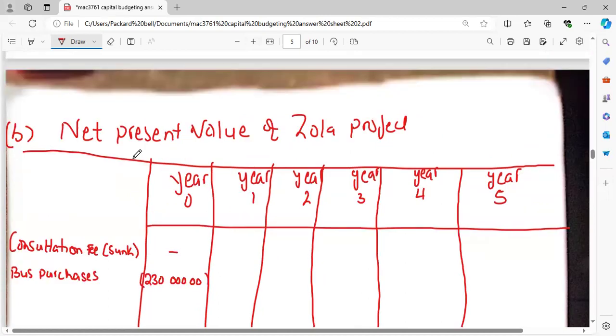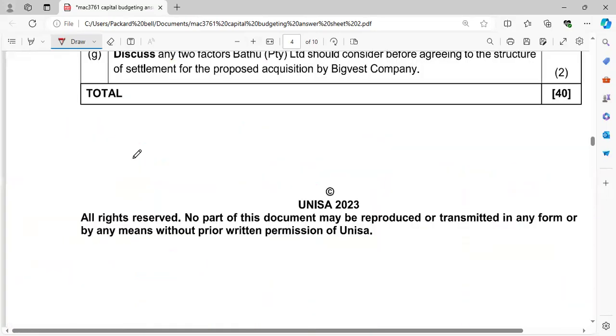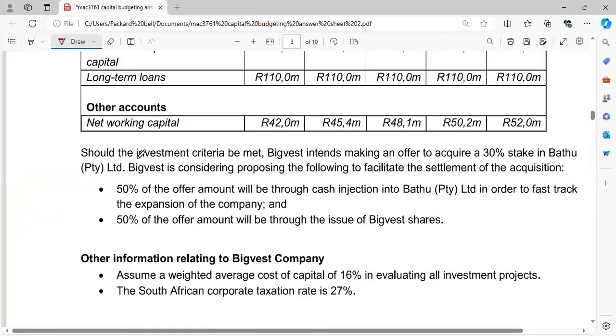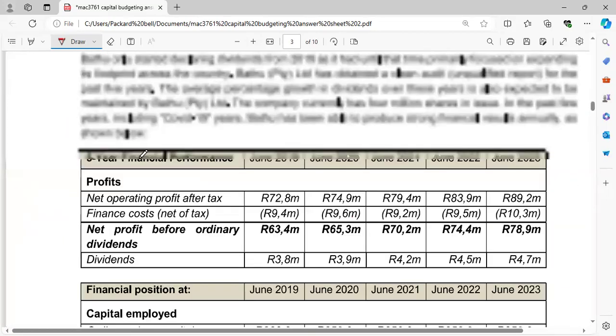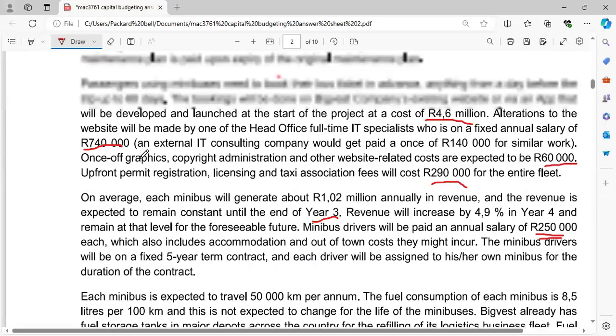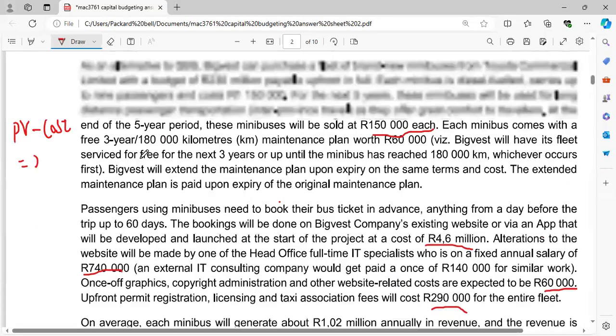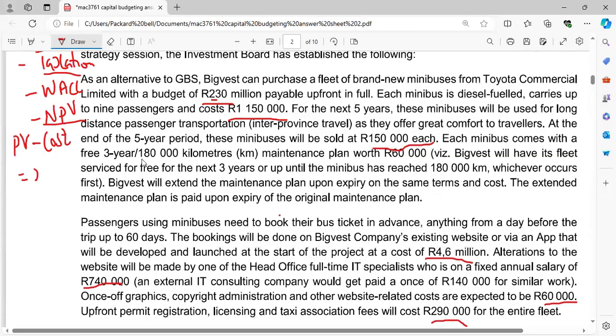Then let's go again and look at what else we need. So we are now here. Each minibus, they say, will be used for long distance passenger transportation as they offer great comfort to travelers.